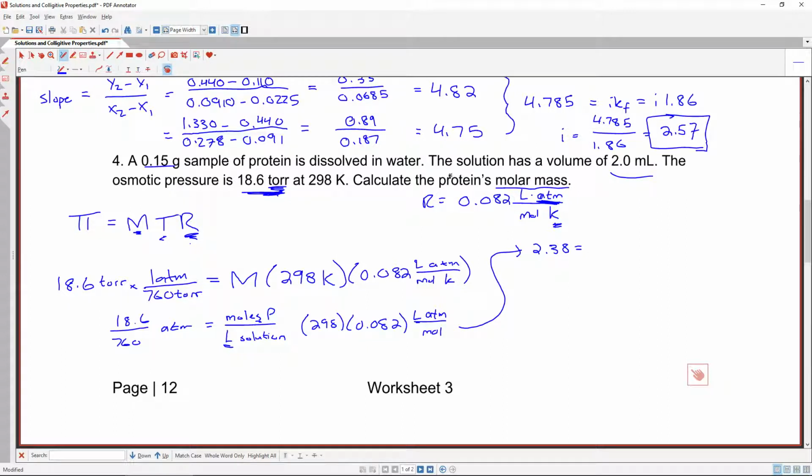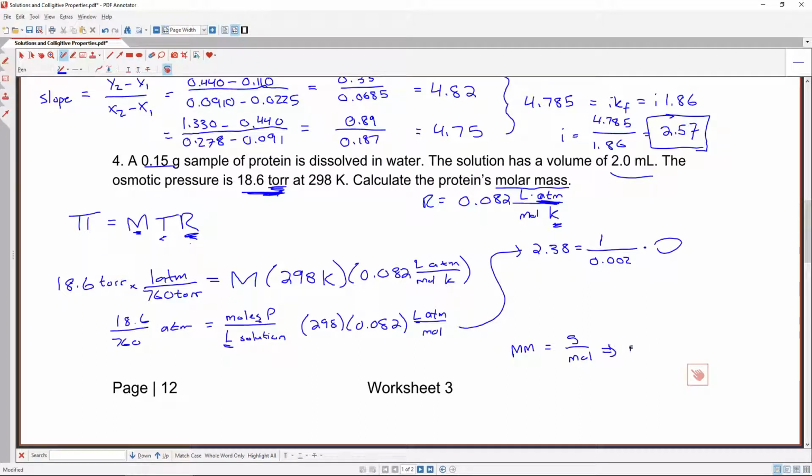Moles of P. I still don't have moles, but I do have liters of solution, right? So I'm going to split up my liters. Just put a 1 up there so I can put the liters on the bottom. I have 2 milliliters, so that's 0.002 liters. Now I have to get my moles in here. I have grams, and I want to calculate molar mass. Right, so molar mass is grams per mole. I need moles up here.